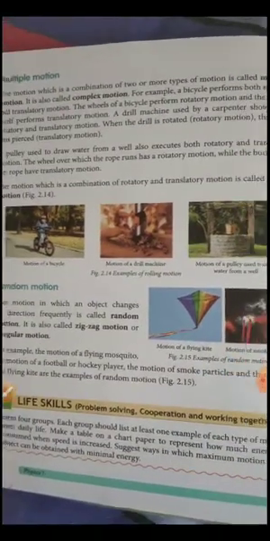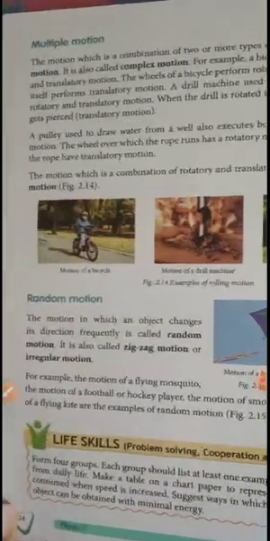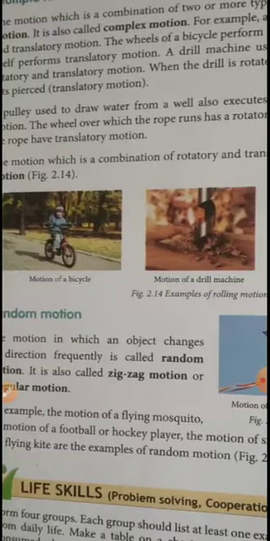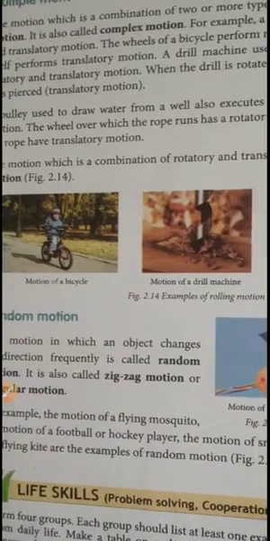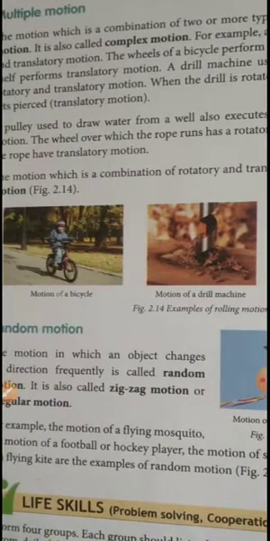The motion in which a combination of two or more types of motion is going to take place is called as your multiple motion. Now you look at your examples here: the motion of a bicycle, motion of a drill machine, the motion of a pulley used to draw water from the well. So imagine what all is going to happen. If you take a bicycle, the wheels are rotating, okay, they are going around a circular path and it is coming again and again.